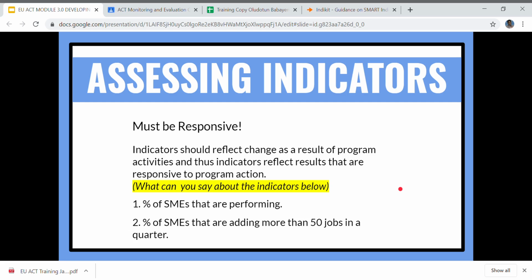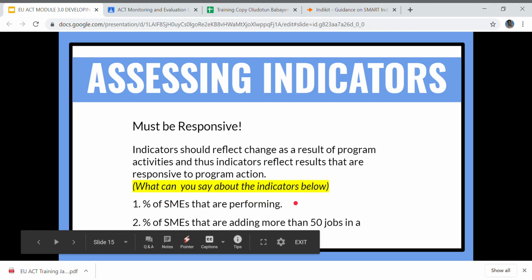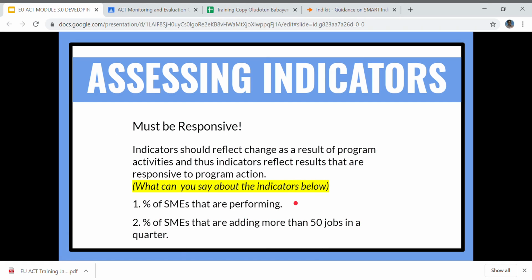Needs to be responsive as well, which means, instead of you saying the percentage of SMEs that are performing, because you would ask, what does performance mean? It's better for you to say percentage of SMEs that are adding more than 50 jobs in a quarter, right?